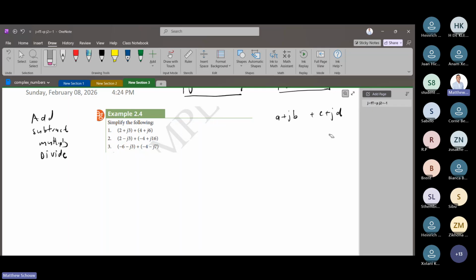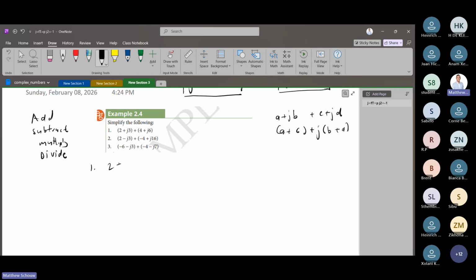All we do, we say a plus c, which is the real parts, plus b plus d, which is the imaginary parts. That's it. It's like, remember back in grade 8 or 9, where you're grouping the like terms and not like terms, that kind of thing. Same concept over here.